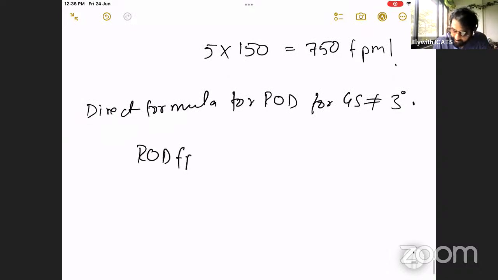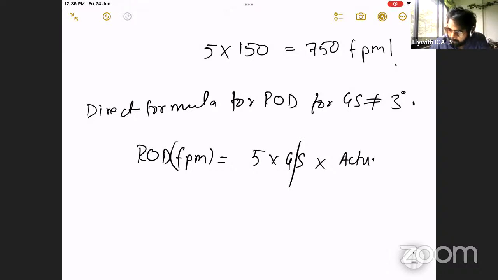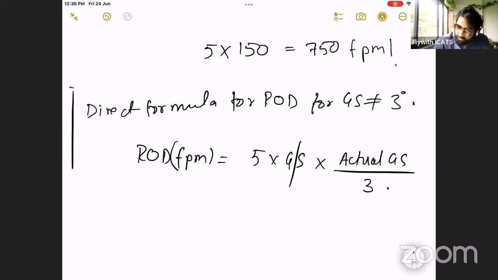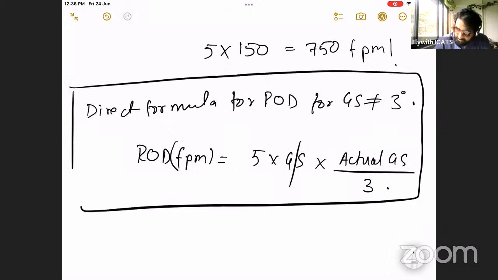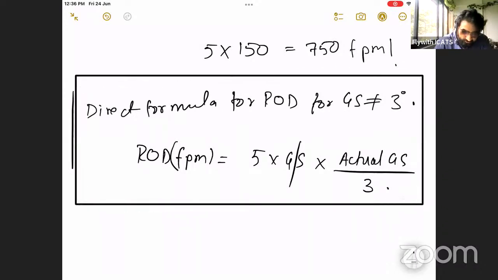ROD in feet per minute is equal to pi into ground speed, G/S, into actual glide slope upon 3. This is the direct formula for ROD for glide slope other than 3 degrees.